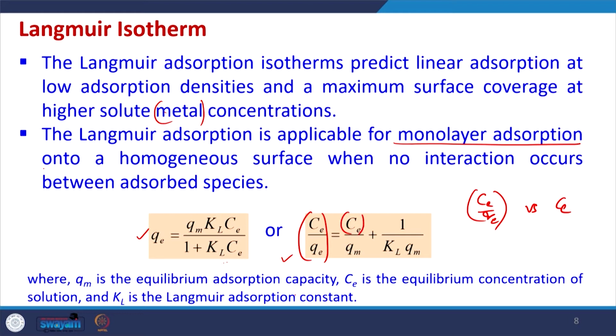Once this is plotted, the slope will be equal to 1 by qm and the intercept will be equal to 1 by KL qm, and since qm will be known from the slope, we can determine the KL value also. KL and qm are the Langmuir constants. Qm is very important because it represents the maximum monolayer coverage which is possible. This is the maximum adsorption capacity of any adsorbent with respect to any adsorbate.